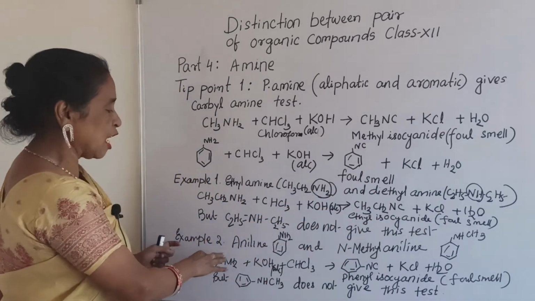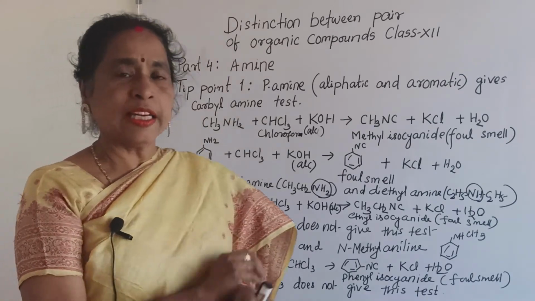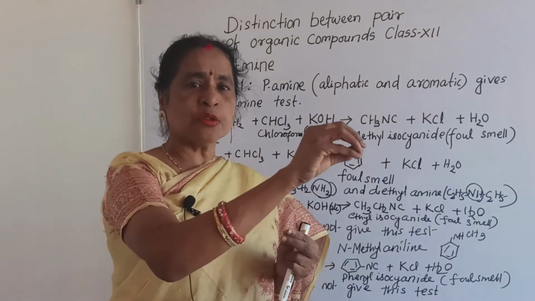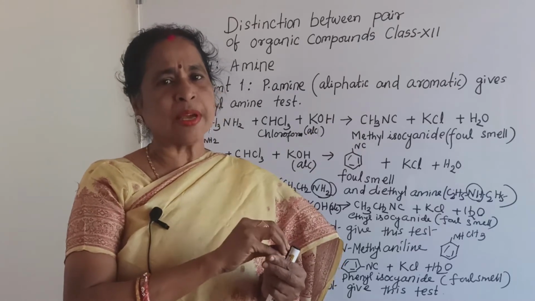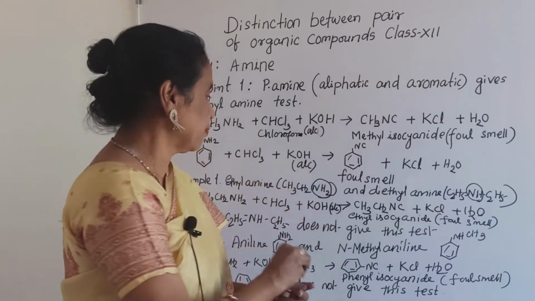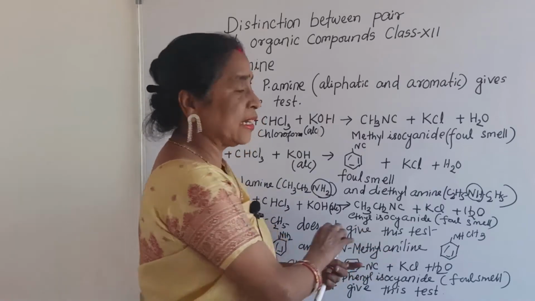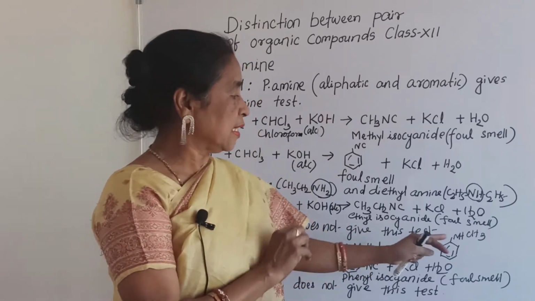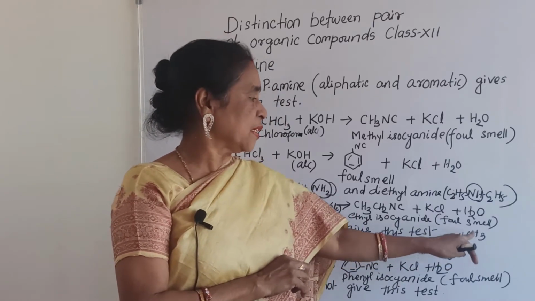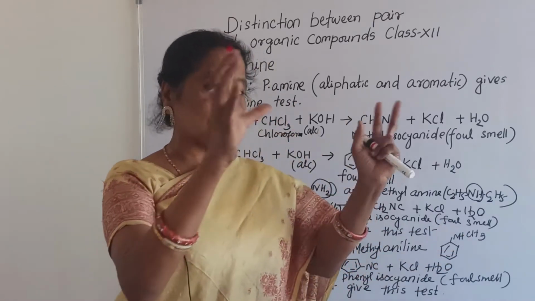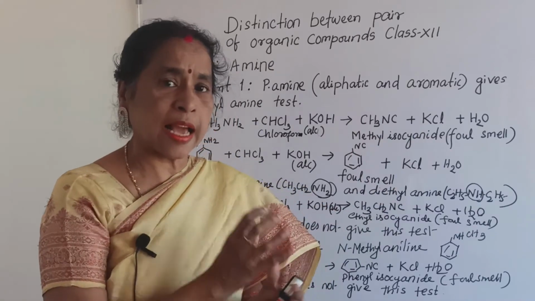Then the second example, aniline. Aniline means benzene attached to NH2, which indicates it is a primary aromatic amine. And N-methyl aniline: see here, a CH3 group is attached to the nitrogen, that is why it is called N-methyl, and the original base is aniline.